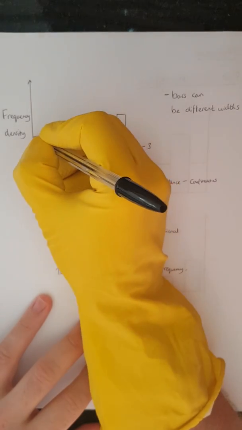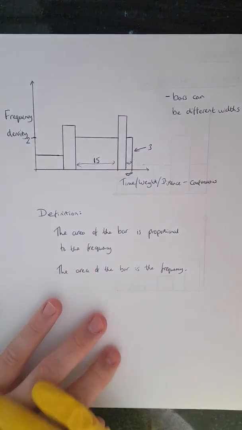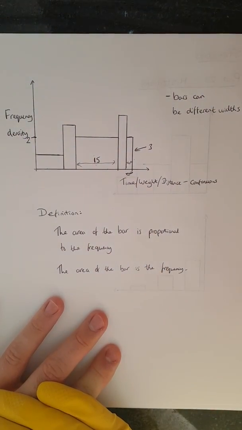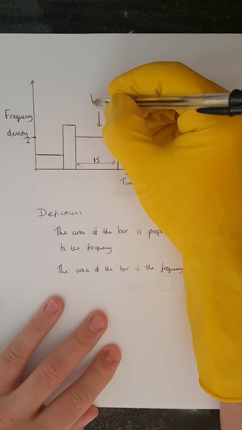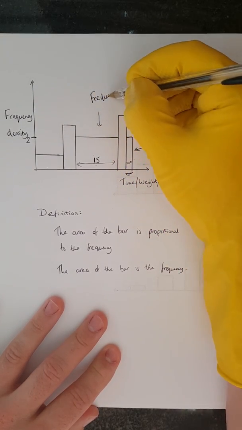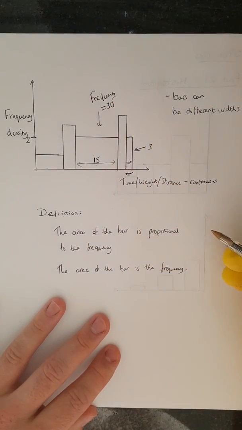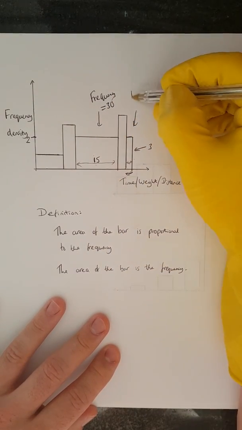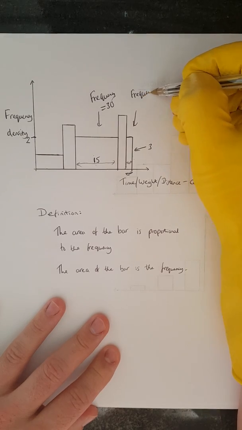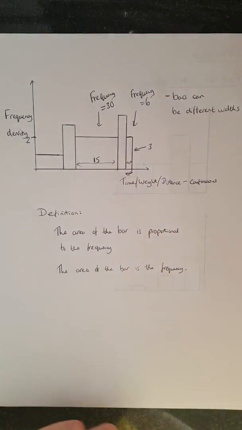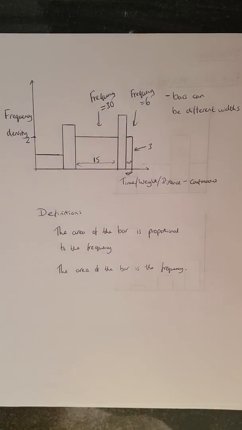If we give the frequency density at that point a value of 2, the frequency will be 30. And for the last bar, the frequency will be 6. Now, how am I getting those numbers? Well, what shape are the bars?